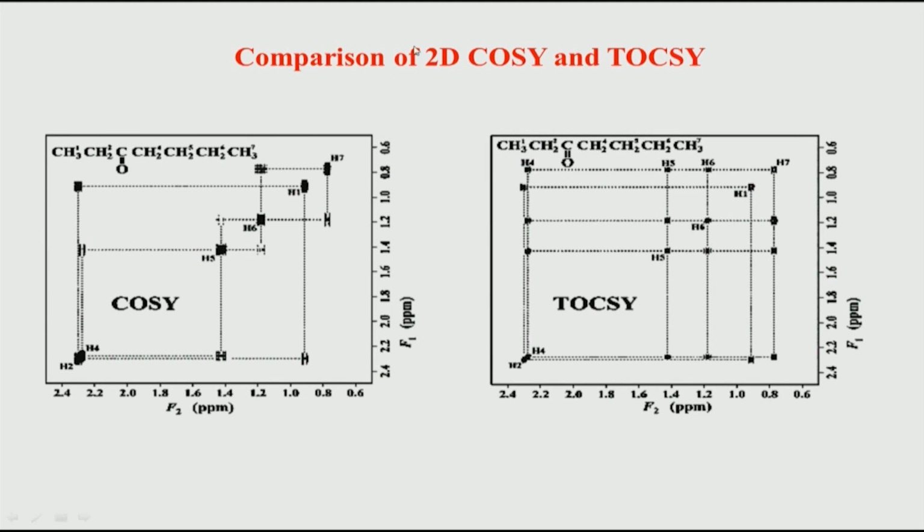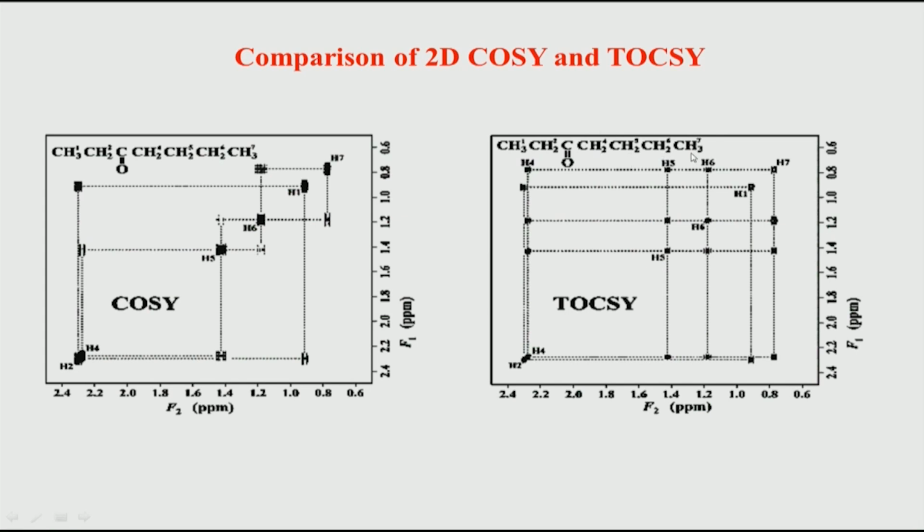Now, let us see how we can compare COSY and TOCSY. You see this is the same molecule here, heptanone, and in a COSY we see only the direct coupling, the direct 3 bond J coupling peak pattern. Similarly, here it gives you only 7 to 6, but in a TOCSY you see all the couplings everywhere, in the sense all the peaks are coupled to all other peaks because of this through bond transfer through protons.